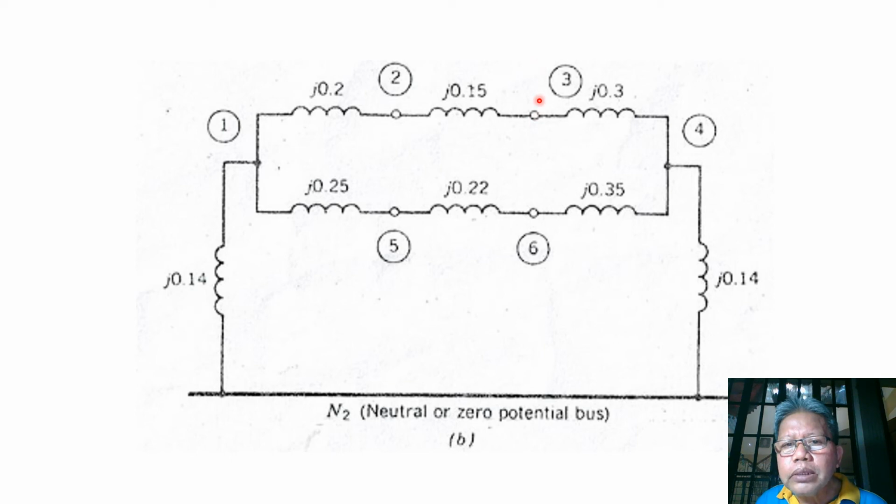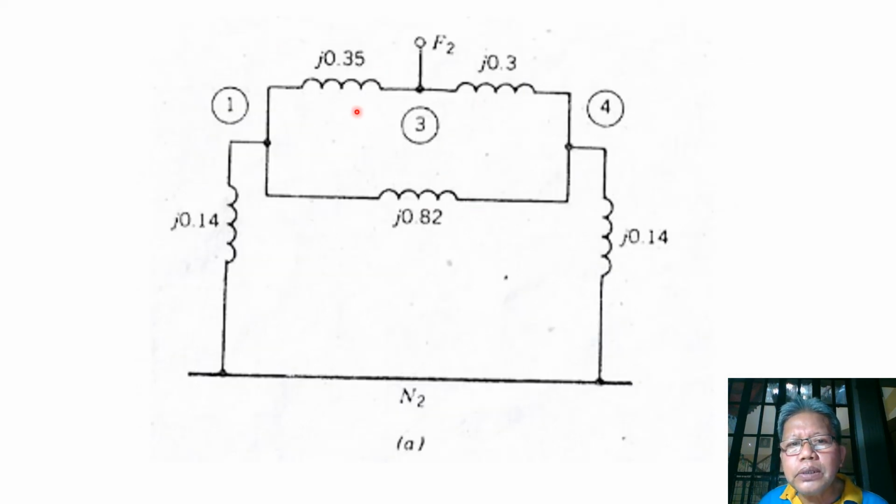We cannot combine this and this because we are going to consider bus 3 as the case where we study the amount of fault current at this bus. So we can only combine these two at the left, and at the bottom we can combine these three because they are in series. The resulting network would be this one.